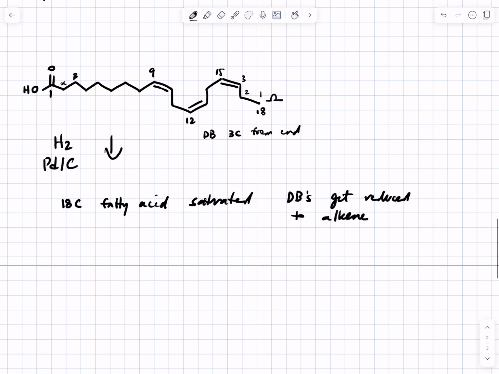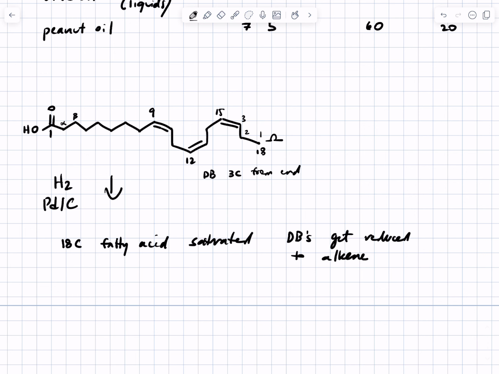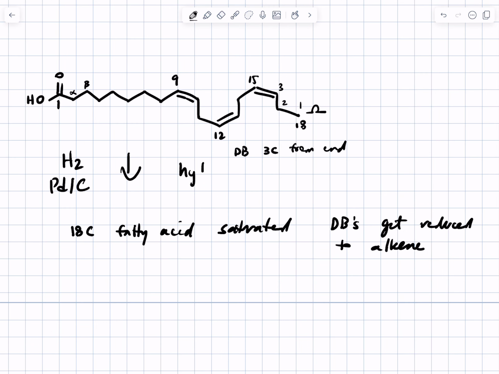So this process of reducing the double bonds in triglycerides and fatty acids is called hydrogenation. So if you take your jar of Skippy and you look on the back, it's going to say hydrogenated soybean oil, meaning they took vegetable oil from soybeans or some other source, and they hydrogenated. Why did they do that? They wanted it to not be a liquid, they wanted it to be more of a solid so that it wouldn't separate out.